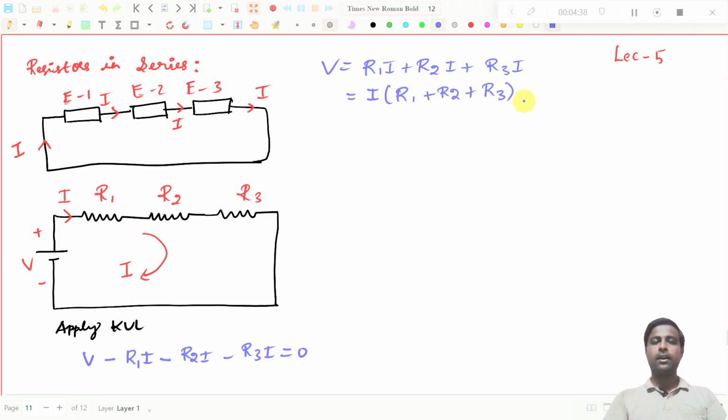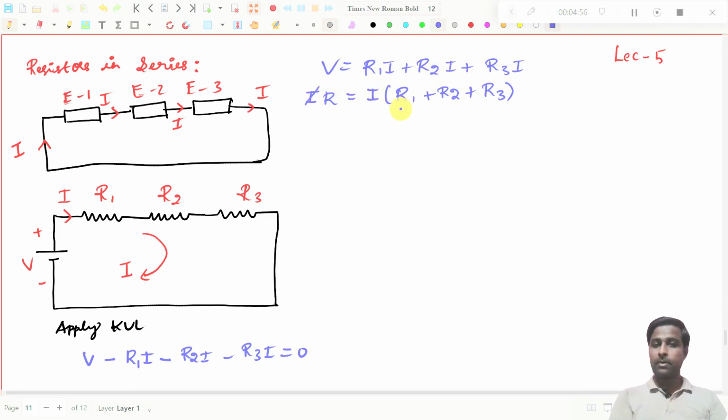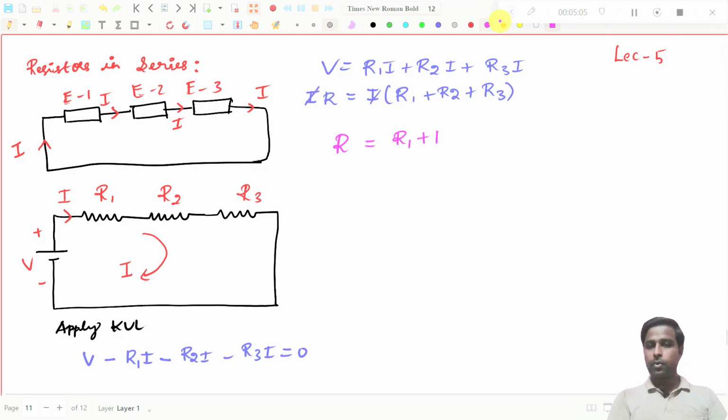By Ohm's law, V is equal to I into R, so the I on both sides cancels out. The final answer is that the total R is equal to R1 plus R2 plus R3.